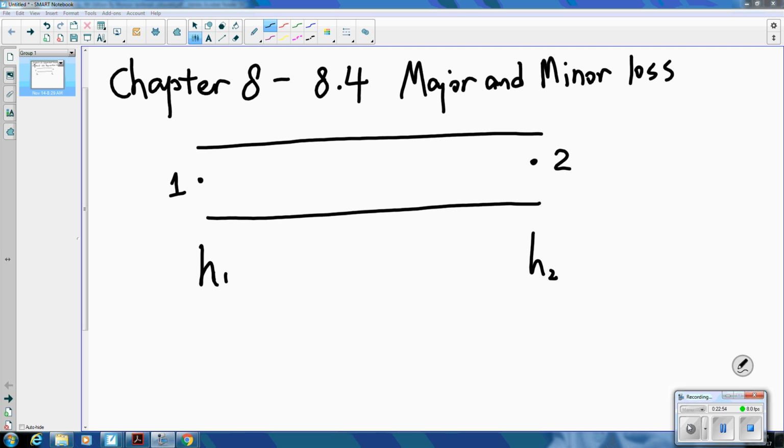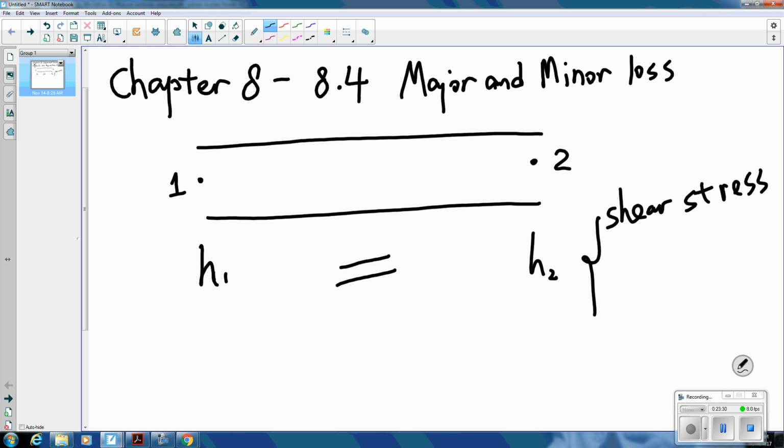Before we talk about head loss, in the Bernoulli equation, if we make all these four assumptions satisfied, we find that if we follow a streamline, the total head at one point should be equal to the total head at another point, right? This happens when we don't have shear stress, when we have incompressible flow, steady state, and what else?